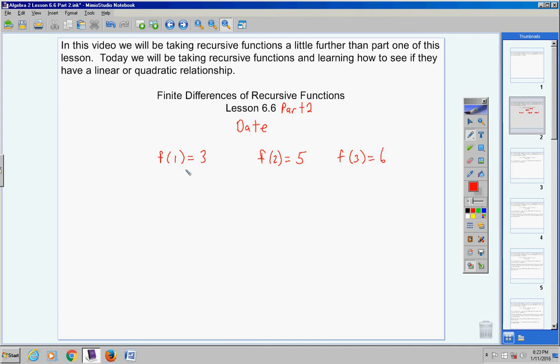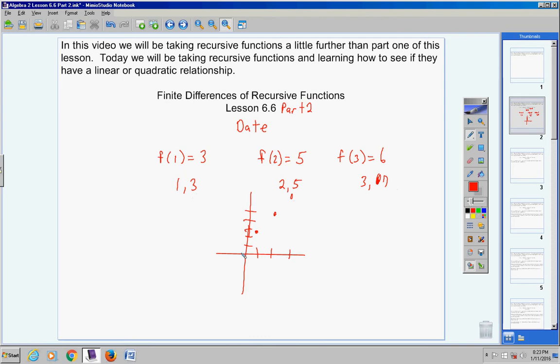Well, remember, that's the same thing as an ordered pair. You put in 1, you got out 3, so you have 1 comma 3, 2 comma 5, 3 comma 6. Well, if you were to line those points up, you would see that you have a linear graph. And actually, that'd be a 7 right here, 3, 7.